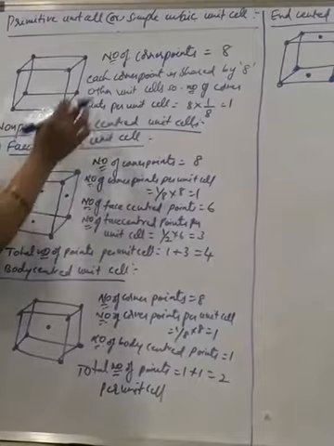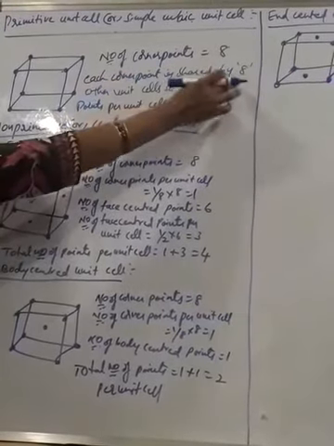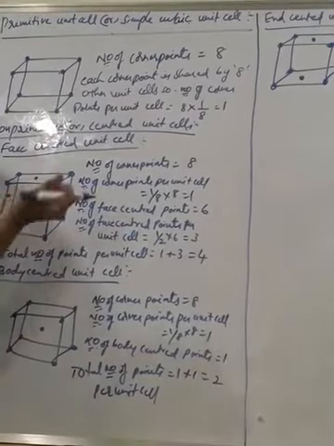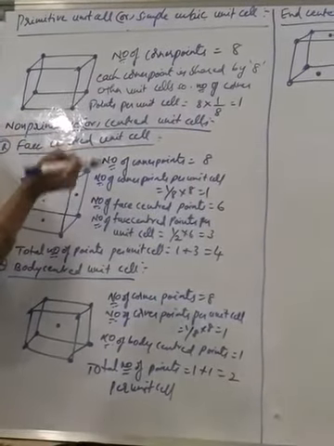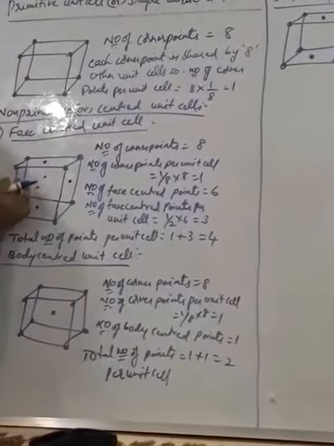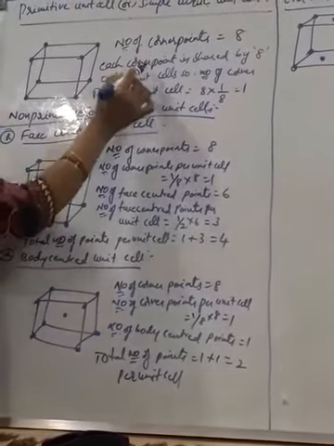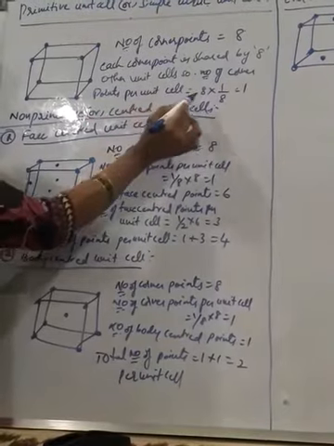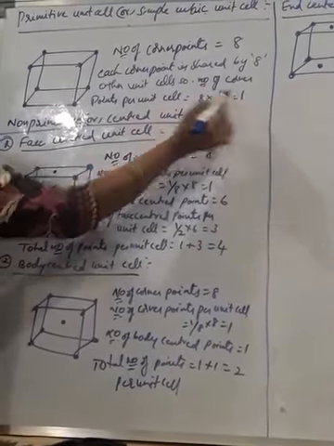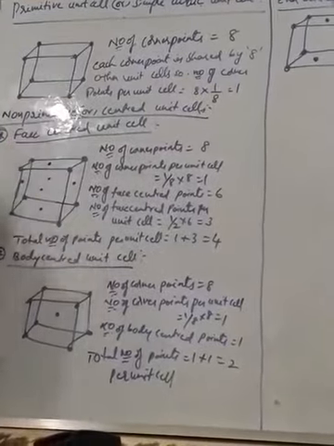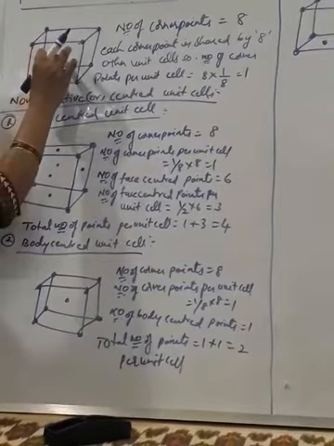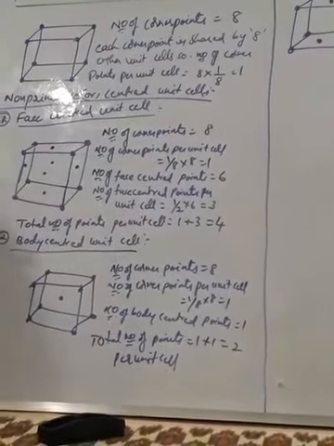Okay, so each corner point is shared by 8 other unit cells. So for one unit cell, its contribution from that corner point is only 1/8 part. So that's why the corner points per unit cell equal 8 into 1/8, which is equal to 1. So out of 8 corner points, only one corner point totally belongs to a particular unit cell.